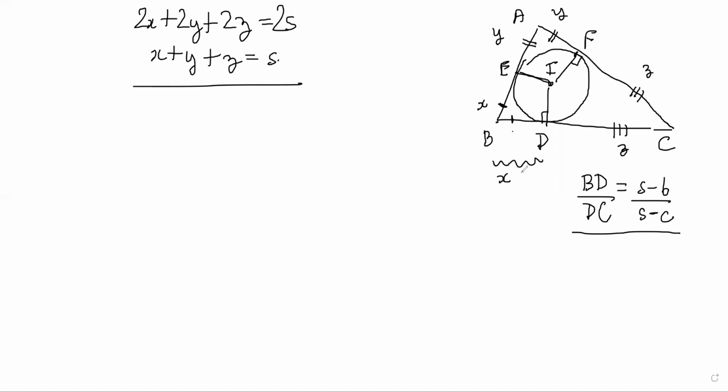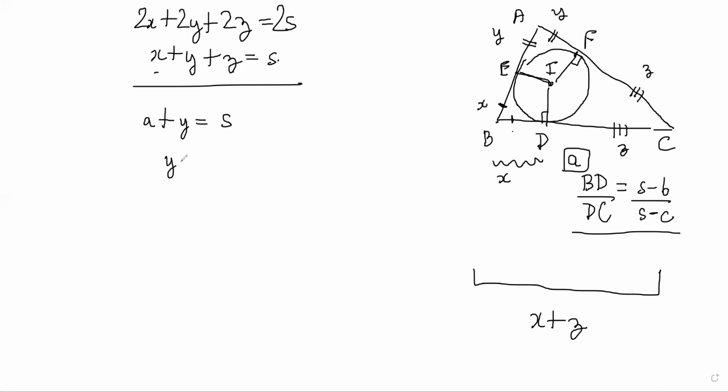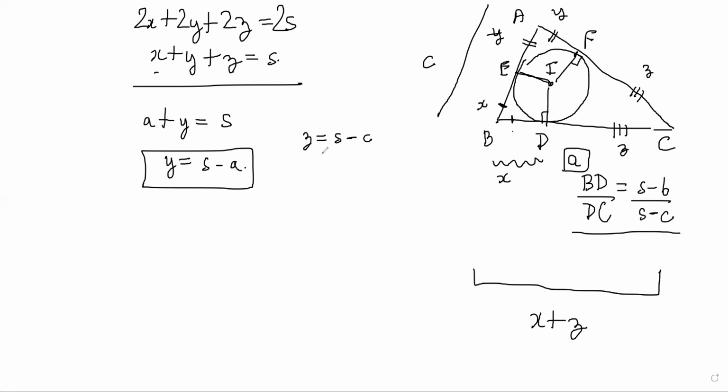And then you can easily say what is the value of x plus z? This side BC was called a, right? So x plus z is a. So a plus y is s, so y is equal to s minus a, right? Similarly, x plus y was what? The small c. So then z is equal to s minus c, right?